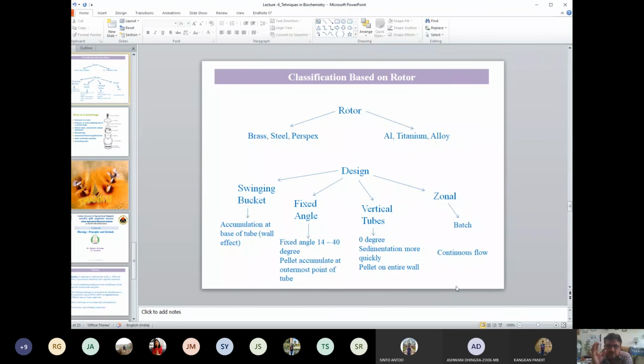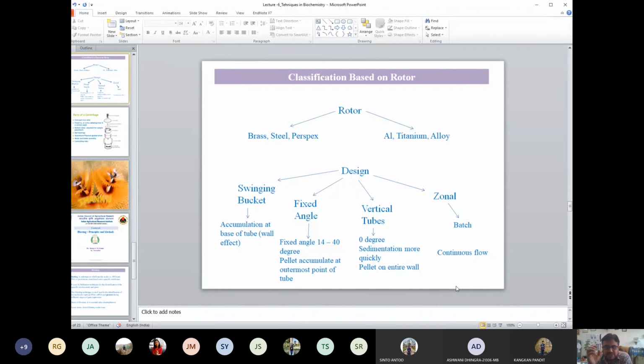Once you centrifuge, your particle will sit at the farthest point of the tube. Third is the vertical tube rotor, where the angle is 0 degrees. This is one of the quickest methods, the sedimentation is quickest compared to the other methods, and the particle is pelleted all over the wall.